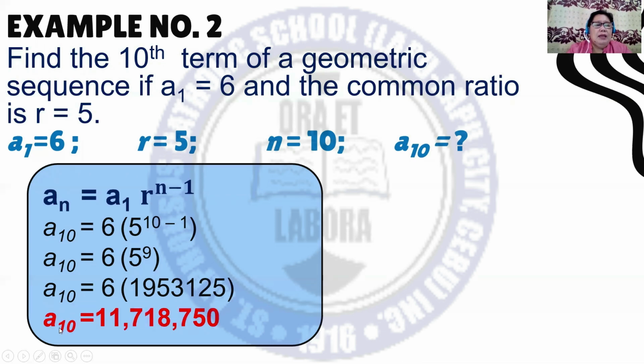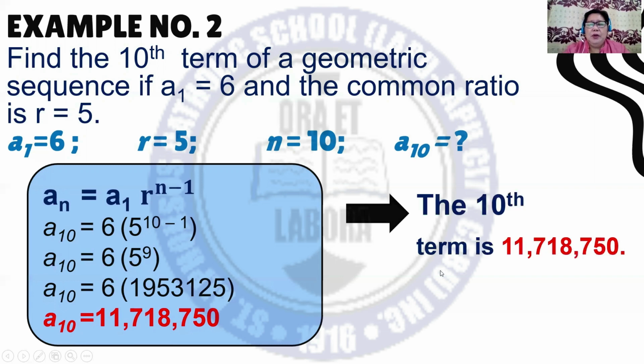1,953,125. And a sub 10 is equal to 11,718,750. Therefore, the 10th term is 11,718,750.